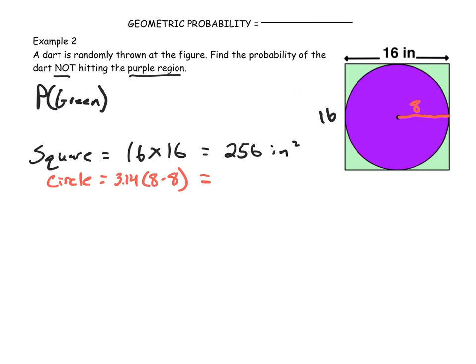So the area of the circle, pi times the radius squared, 3.14 times 8 times 8, I get 200.96.